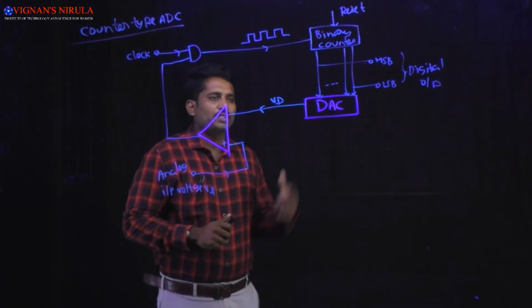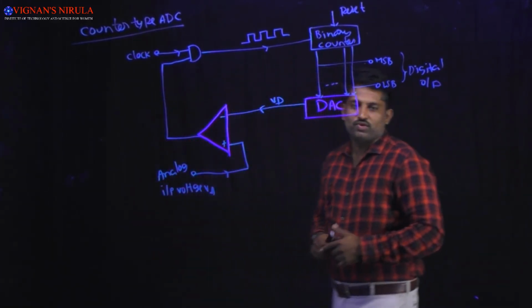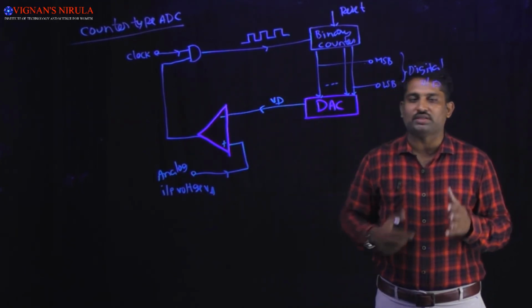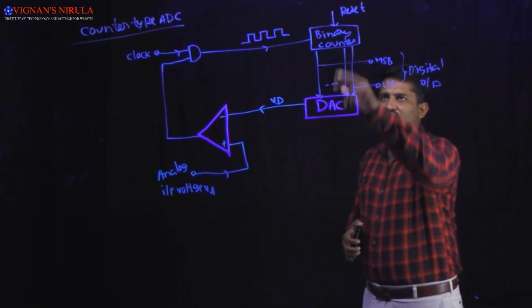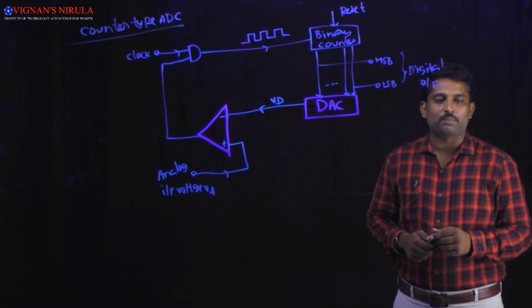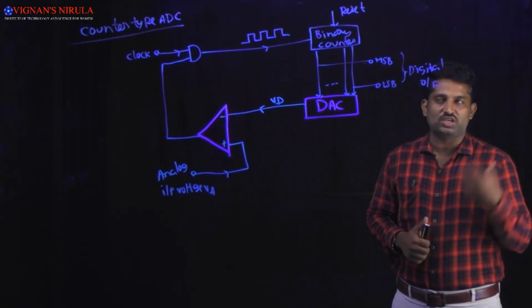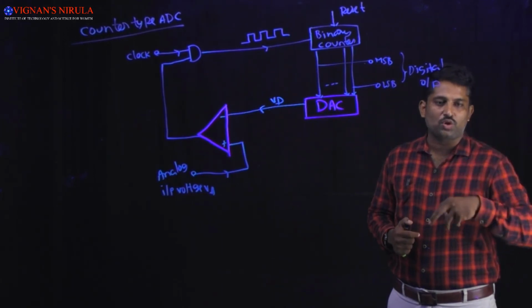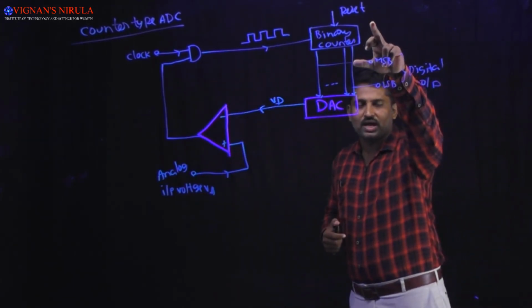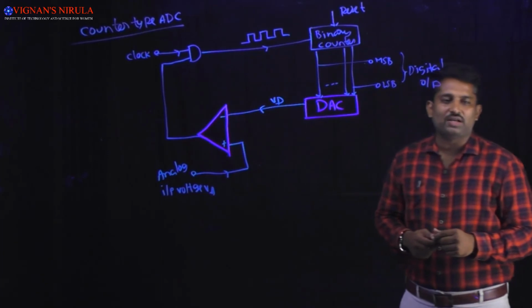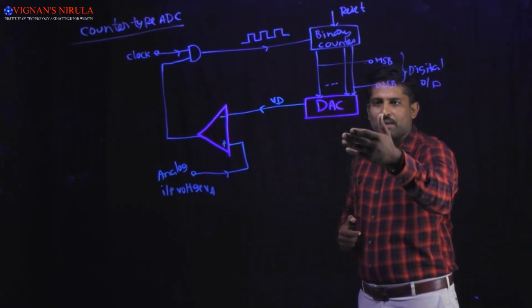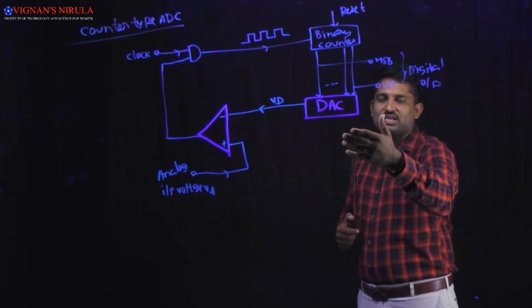Coming to the first case, whenever we start the operation of the counter type ADC, initially we reset the binary counter to 0, so the output of the binary counter is 0 when the reset pulse is applied, and this output is applied as the input of the DAC.